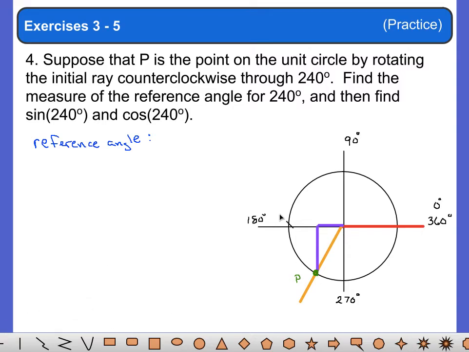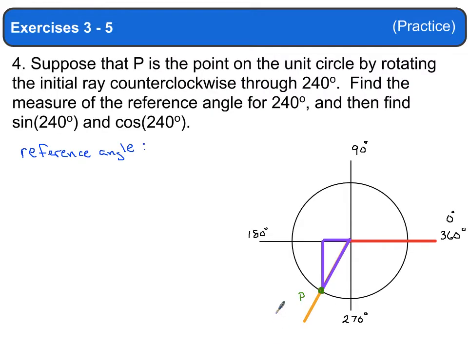This creates my special right triangle. Now again, remember, this is 240 degrees. 240 degrees goes from here all the way to there. The difference between here and here is 30 degrees. So if this part right here is 30, then this part inside of here, let me erase that so I have room to write.